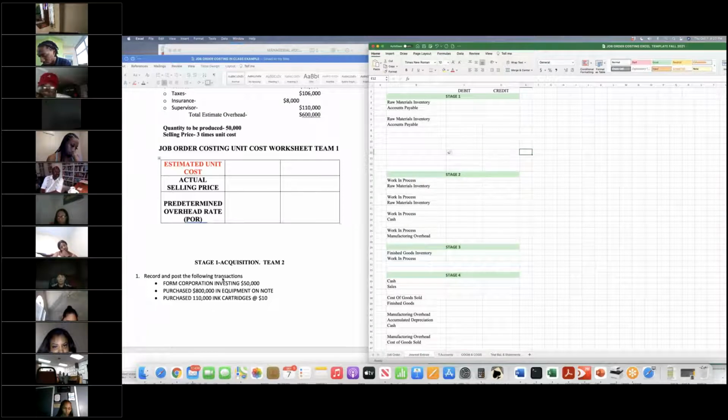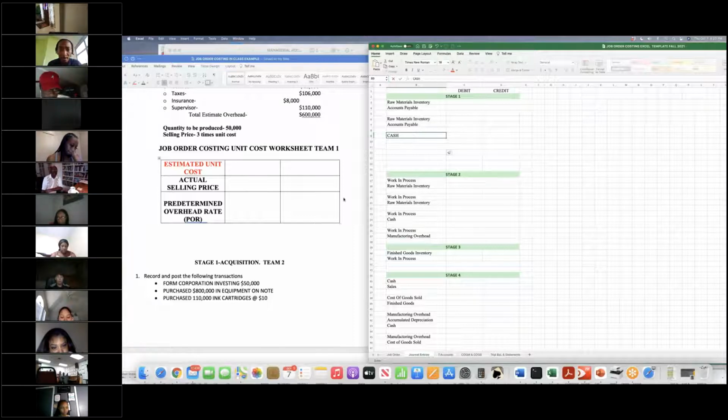Okay, so form the corporation, investing 50,000. What's our debit to? Cash. We're on the first one, the corporation investing. Common stock.